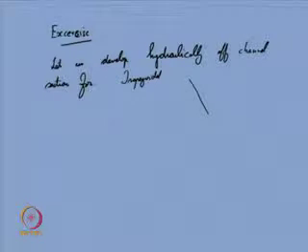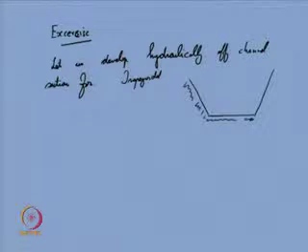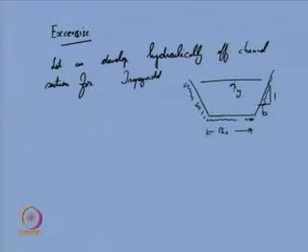So, if the local region demands that the channel cross section has to be trapezoidal in nature, then what is the hydraulically efficient channel cross section? So, here again the bottom width is B0, side slope is 1:B, normal depth is yn.